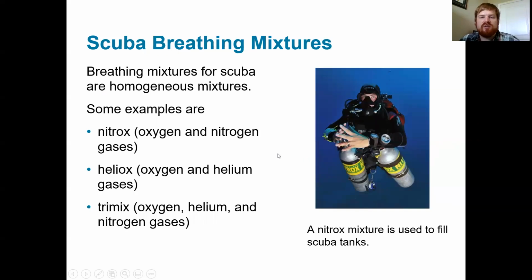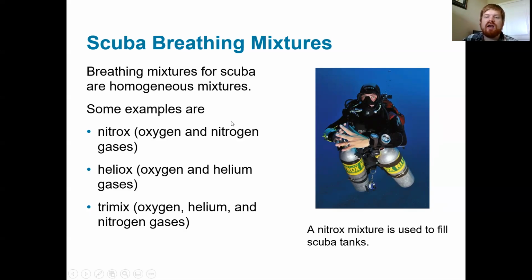If you're familiar with scuba diving, you may know that the tanks divers take down to breathe underwater are not fully oxygen. They're also not fully air. Air contains nitrogen and oxygen.